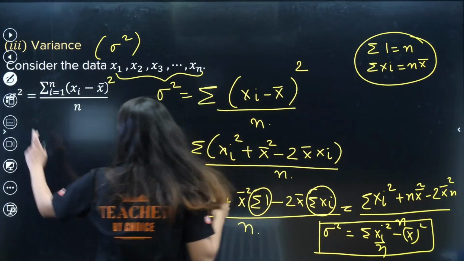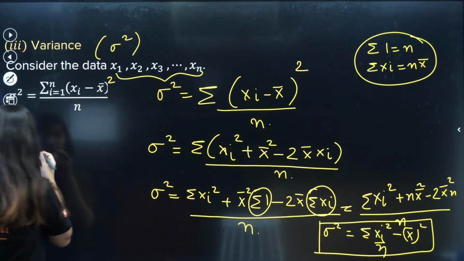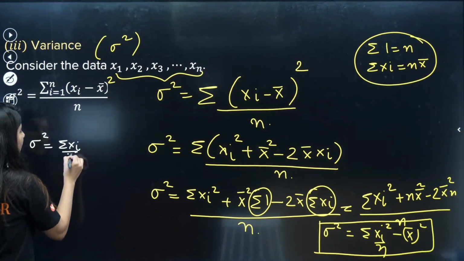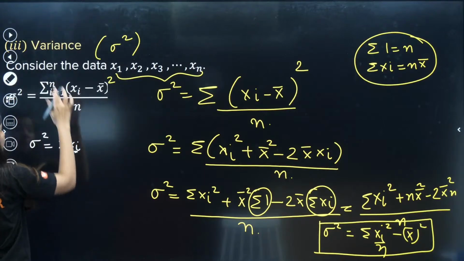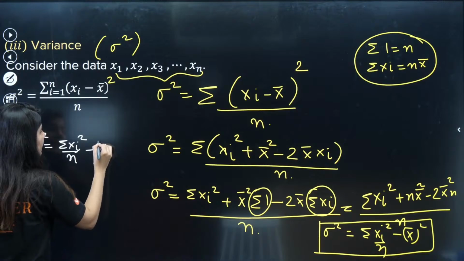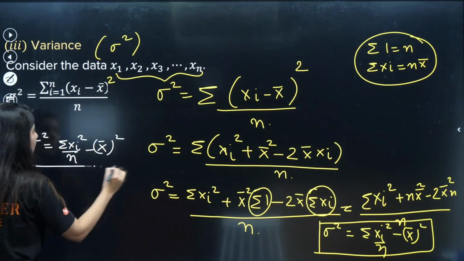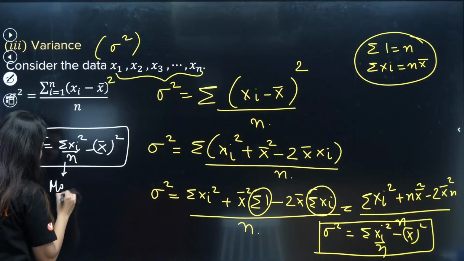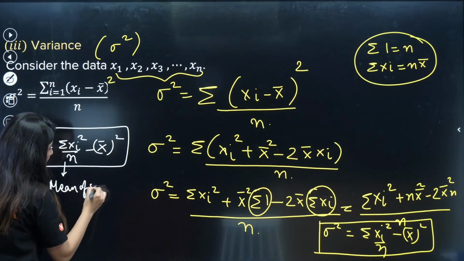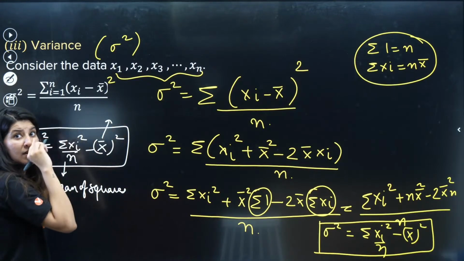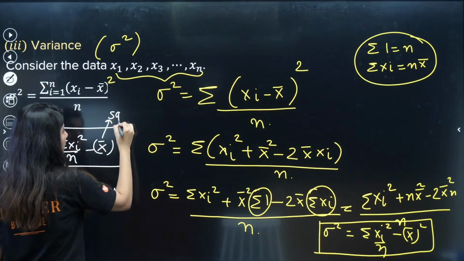Let me just rewrite it over here. So the final would be what? Sigma square is equal to sigma xi square upon n minus x bar whole square. Basically we call it the mean of squares minus the square of mean, a very important formula.